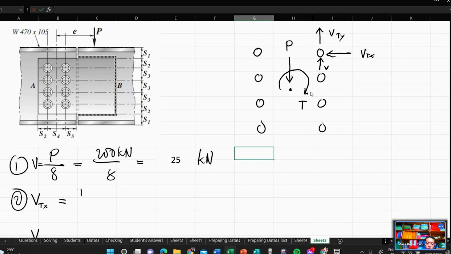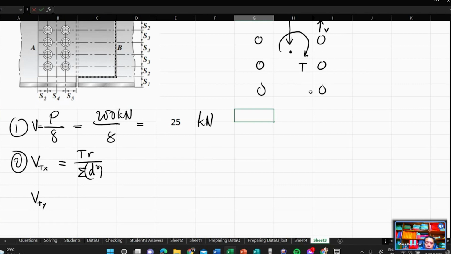Our formula is torque multiplied by its radius over the summation of d squared, which is the summation of x squared plus y squared. So this is equal to your torque. What's the value of your torque? What is P?